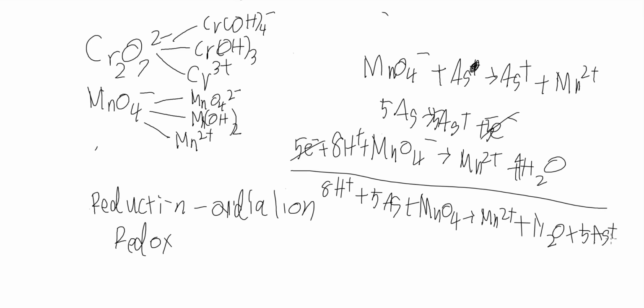Okay. So, for future reference, here are the steps to doing the half reactions. Number 1, you break the reaction up. As the name suggests, you break it up into 2 half reactions: the oxidation half and the reduction half.